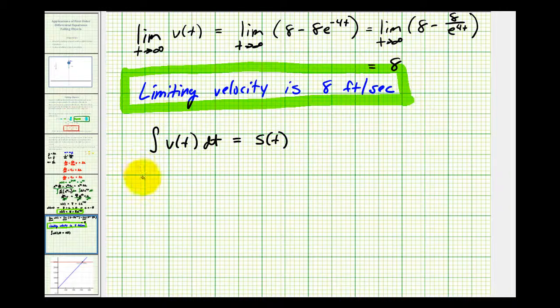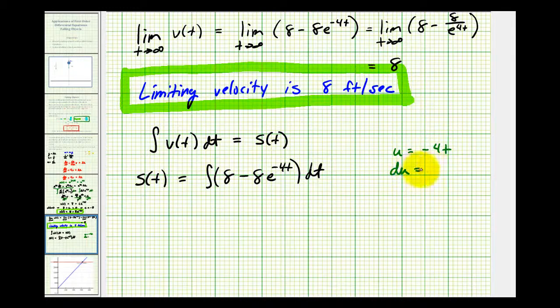So we'll have s of t equals the integral of 8 minus 8 times e raised to the power of negative 4t. Notice again, to integrate the second term, we'd have to perform a u substitution where u is going to be equal to negative 4t. So differential u is going to be negative 4 dt. Divide both sides by negative 4.